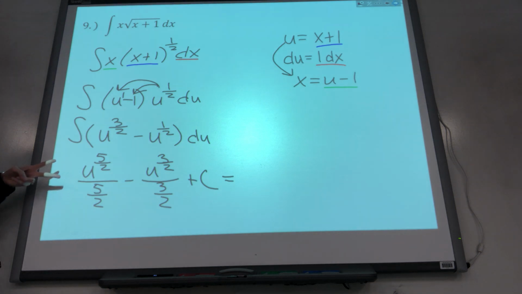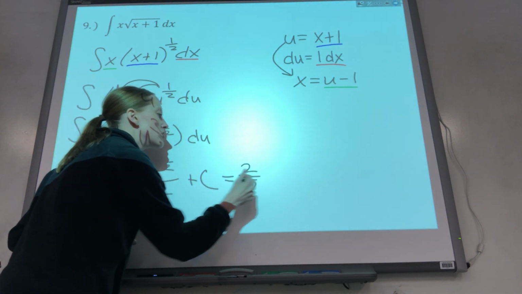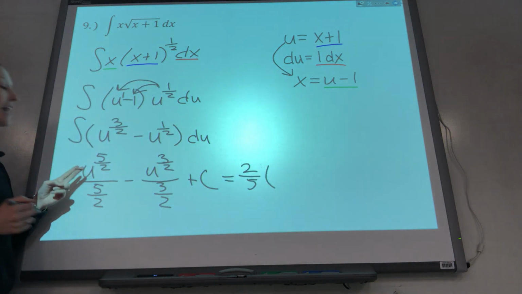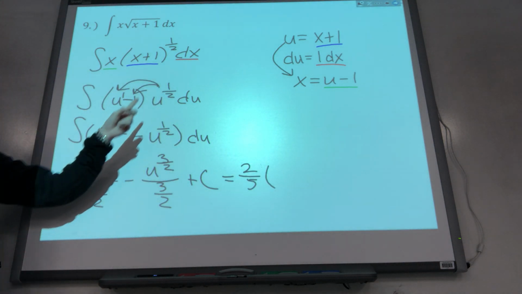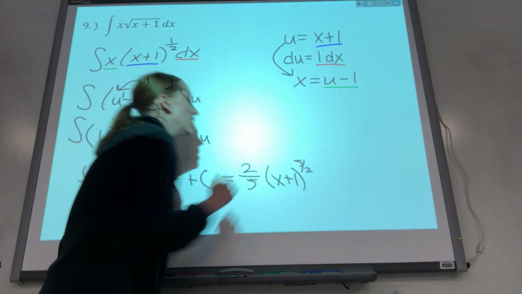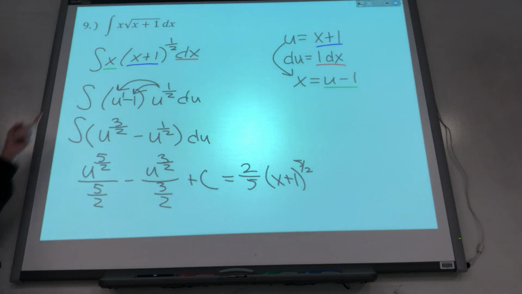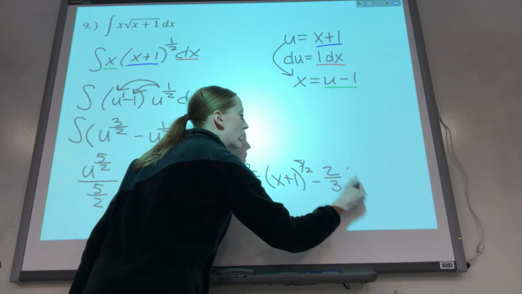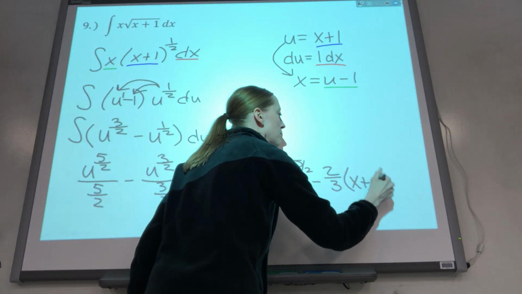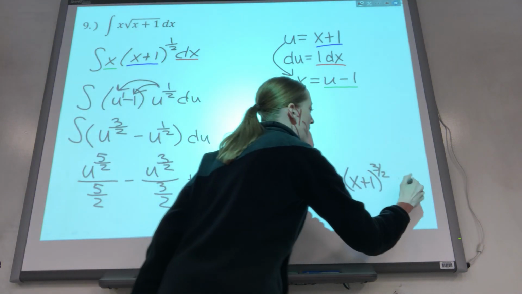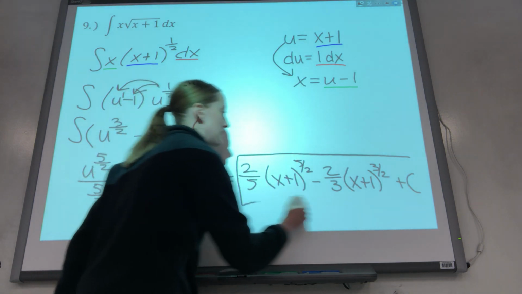That is going to flip and become 2/5 times, I'm not going to leave it as u to the 5/2 power. I want to go back and put in what u was. So now it's 2/5 times x plus 1 to the 5/2 minus 2/3 times x plus 1 to the 3/2, and then just plus c.